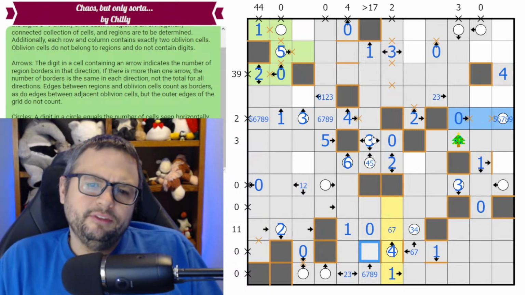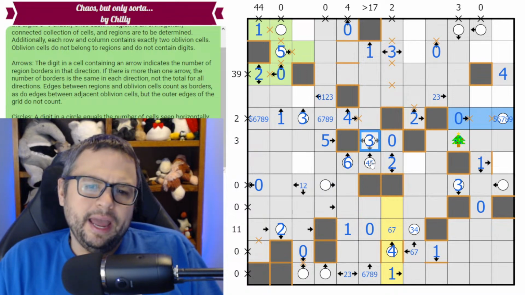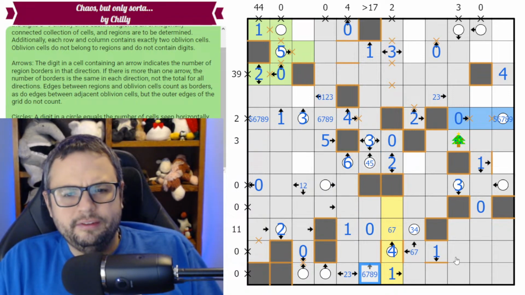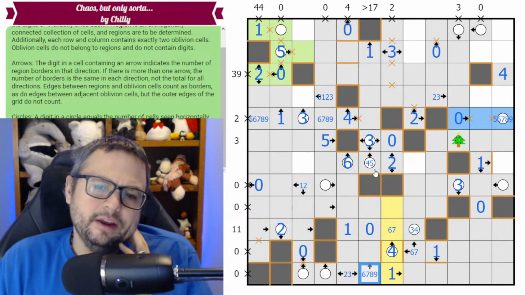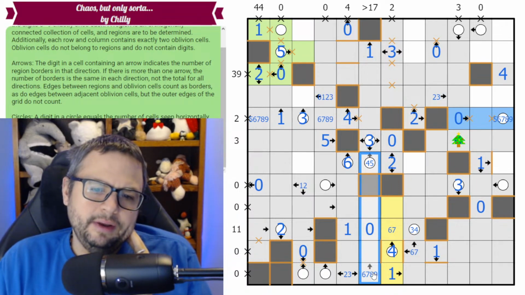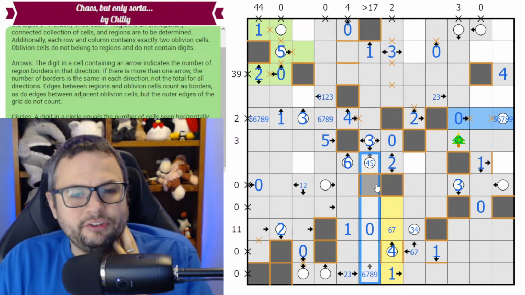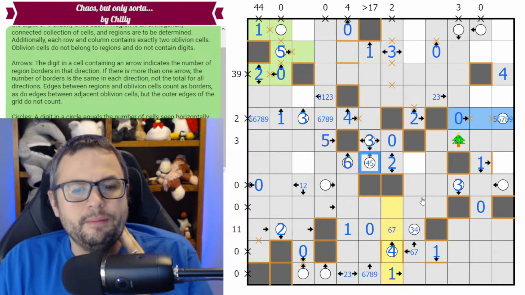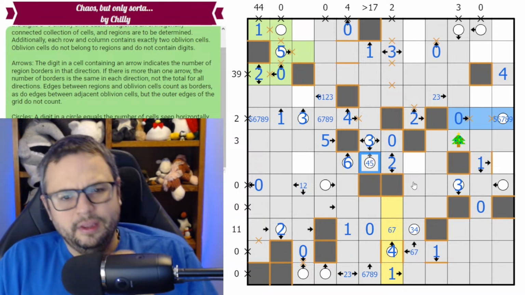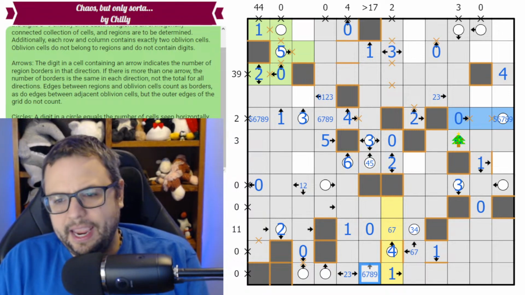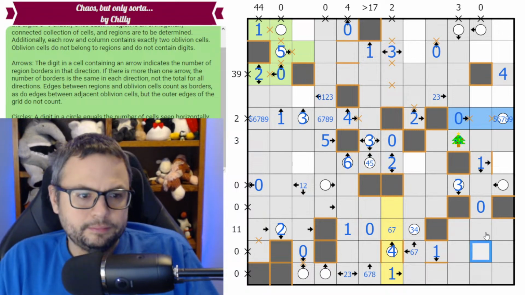Oh, Jim points out, actually, if I think about this 3 clue, I actually know that this cell can't be all that large because I know there's either 2 or 3 borders down here. And so it can't actually be more than 3 more than this. And so this actually can't be a 9.